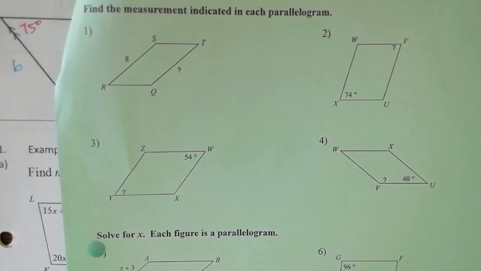So if this is 75, this is 75, this is 74. Now this one right here, these two add up to be 180. So 180 minus 75 is 105, that's D. Same thing, this one and this one add up to be 180.